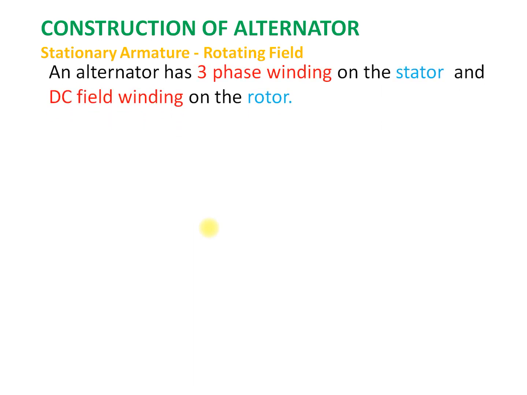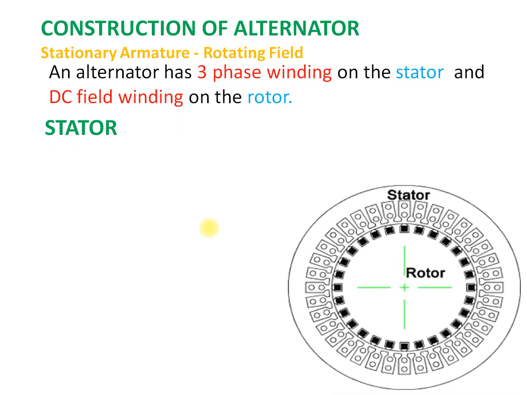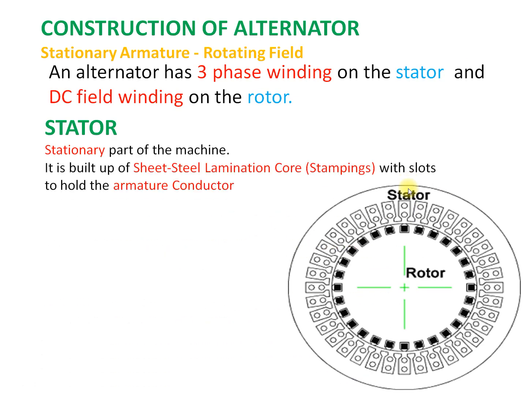In the construction of the alternator with the stationary armature and the rotating field, the stator will have a core of steel lamination stampings with the slots arranged as we have in this particular diagram.